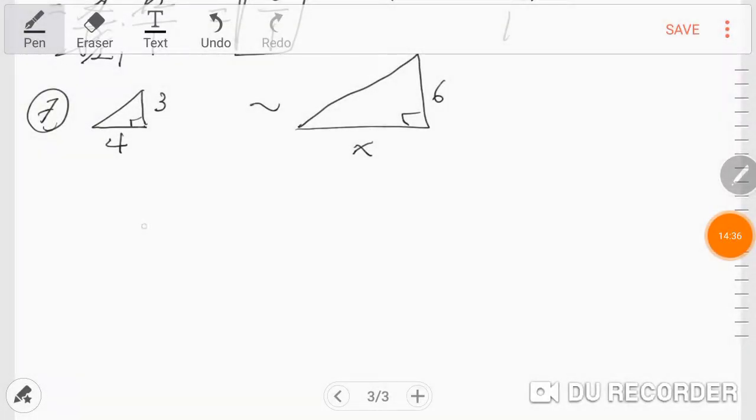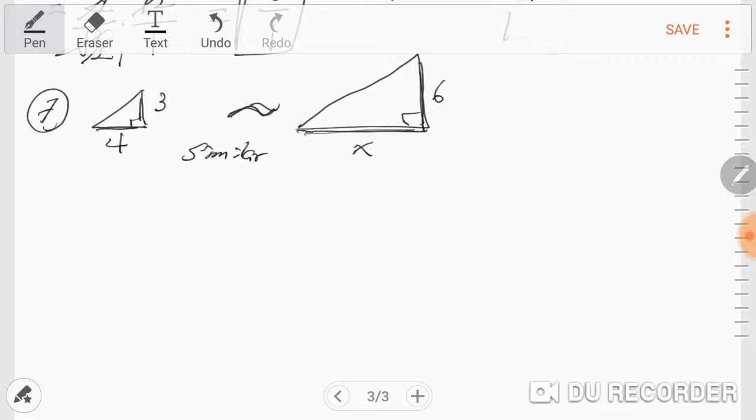Okay, there are two right triangles, and these two triangles are similar. Similar means the ratio of the corresponding parts of the smaller triangle is equal to the ratio of the corresponding parts of the larger triangle.